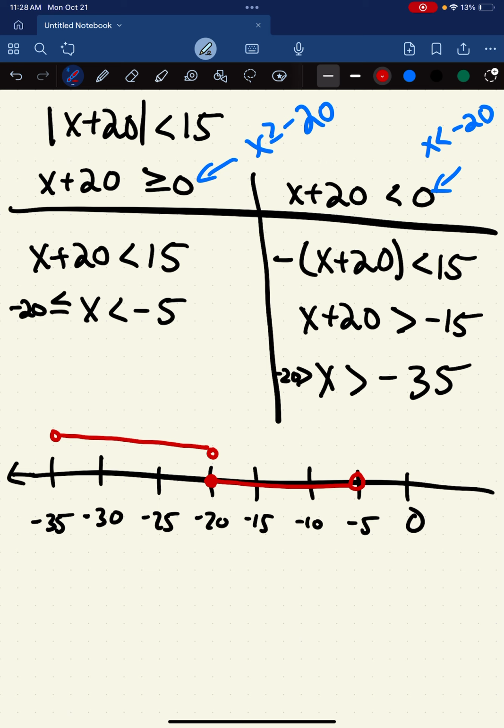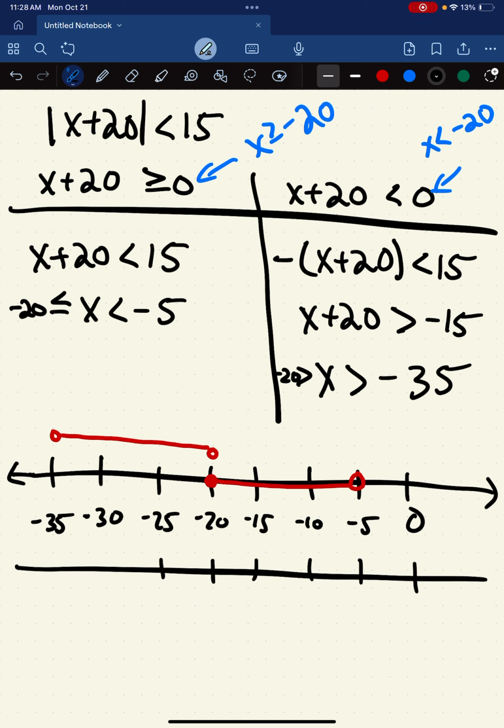When we union these two together, and maybe I'll put this as green, we get a circle over here and it goes up here, and then we have or this.